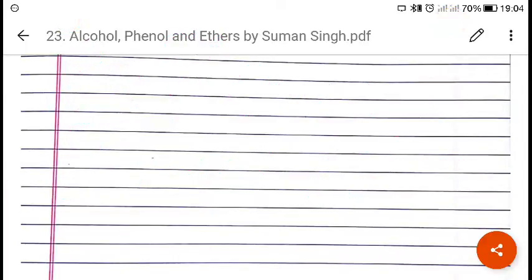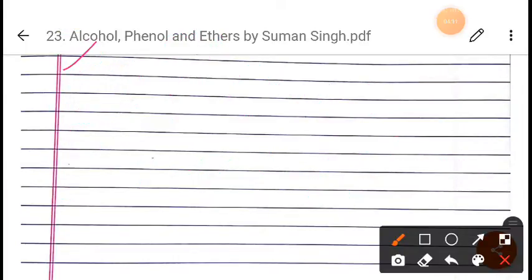Now next, suppose it is like this: here is OH and another one here is also OH. What is the name? Its name is catechol.